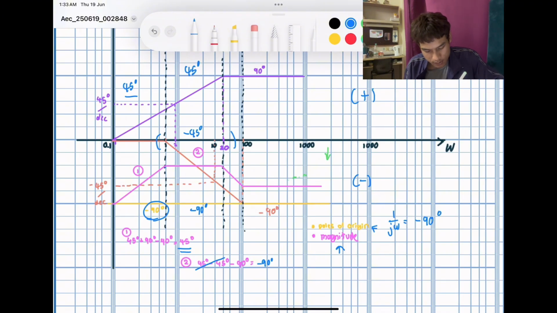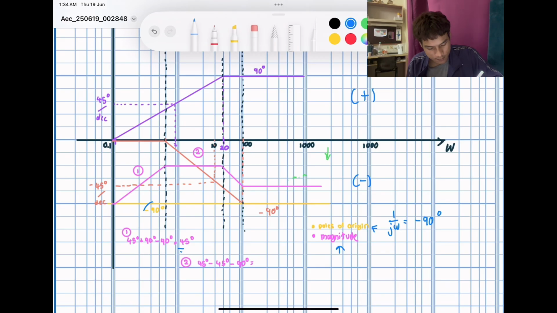So it will reach negative 20 decibels by 100 right here. So it will continue to reach negative 40 decibels by 1000 after 1 decade. Now we are done with the simple pole.